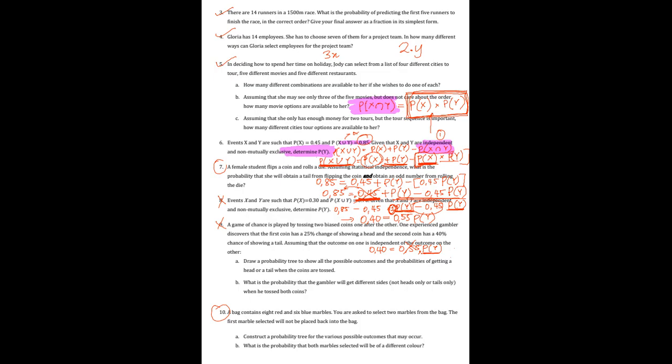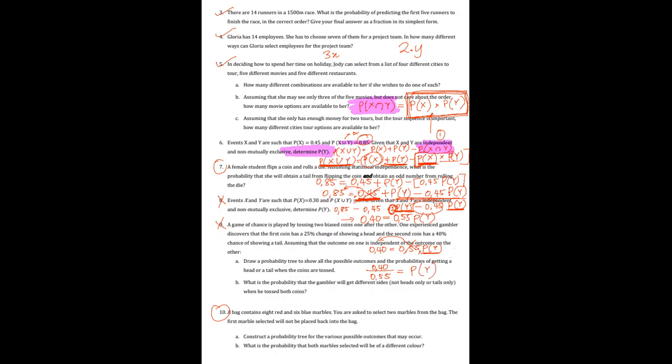And since it was multiplication on the right-hand side, when you take it over to the left-hand side, it needs to become the opposite. And the opposite of multiplication is division. So it'll be 0.4 divided by the 0.55, and that will tell you what the probability of y is.